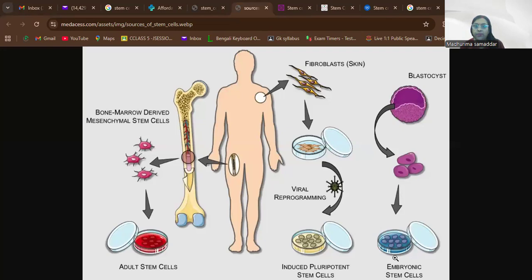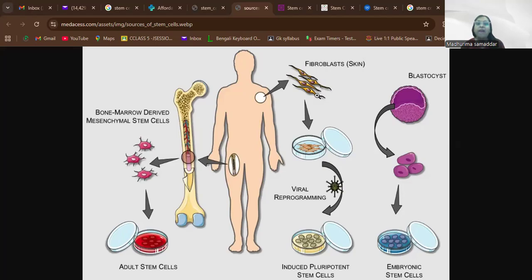Okay, so here you can see inside, I told inside the inner cell mass, the stem cells are there. Okay, then the mesenchymal stem cell, adult stem cell, and here you see the induced pluripotent stem cells that is produced or developed in the lab for treatment of disease.